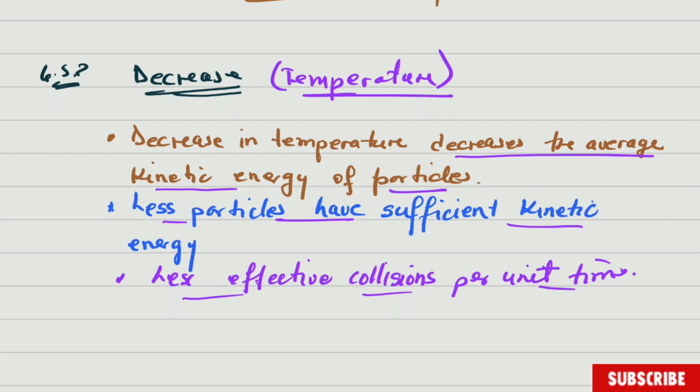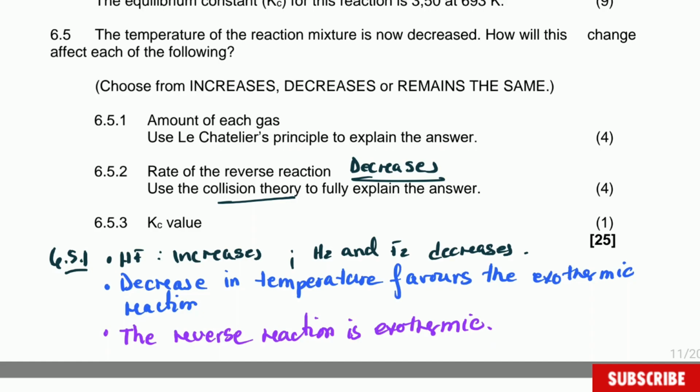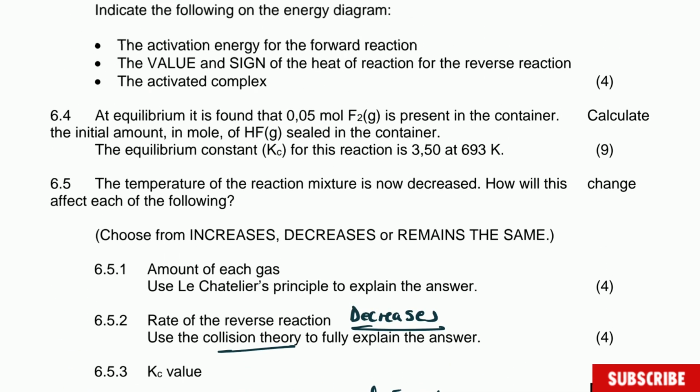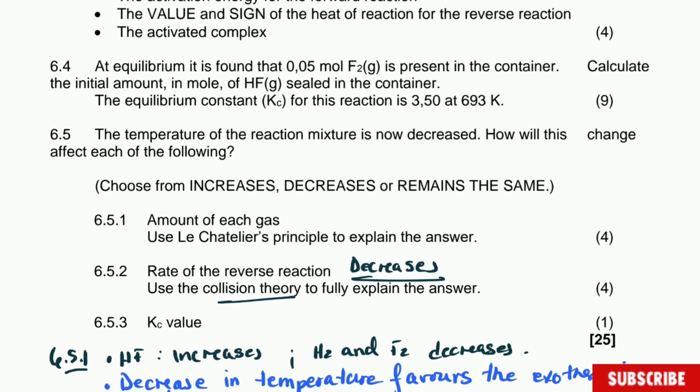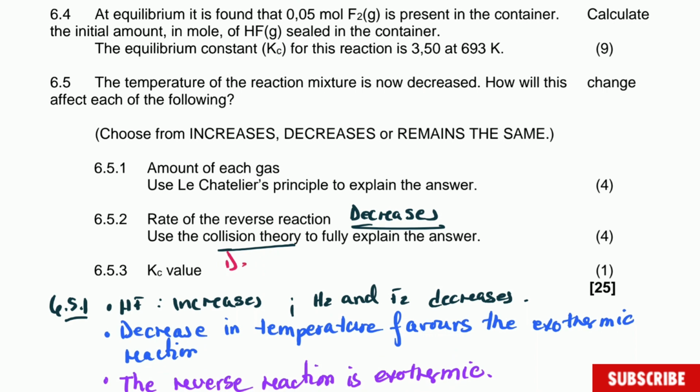End of this part. And then to end, question 6.5.3: how will the decrease in temperature affect the Kc value? We said that if we decrease the temperature, we'll get more reactants in this case than product. If we get more reactants than products, then the Kc value will decrease.